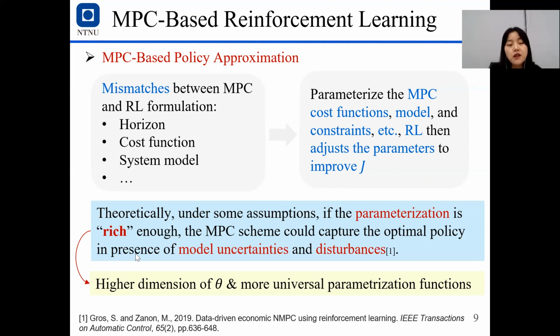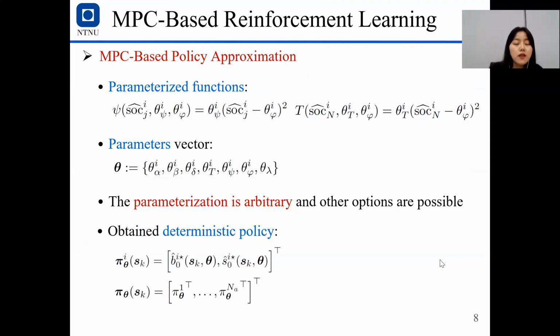And rich here means that higher dimensional theta, meaning more thetas and more universal parameterization functions. And finally, the deterministic policy we obtain is the solution of the MPC. You see it's the B0 star and S0 star. And for the total system, it should be the policy for each agent.